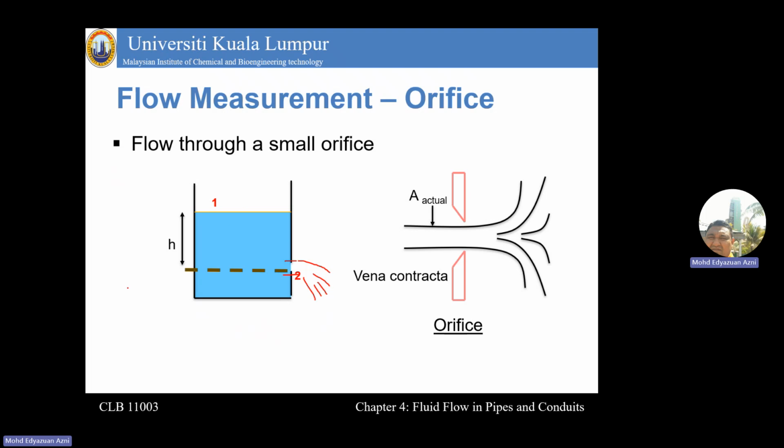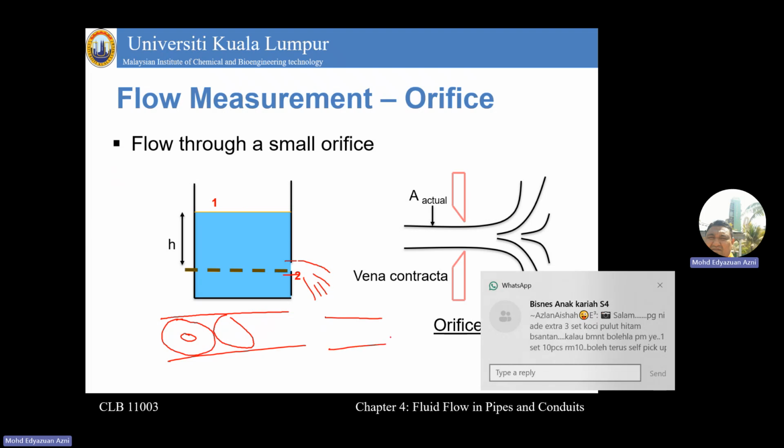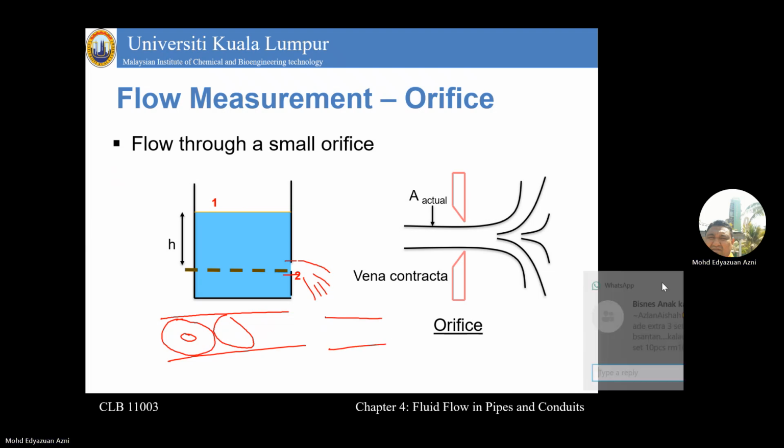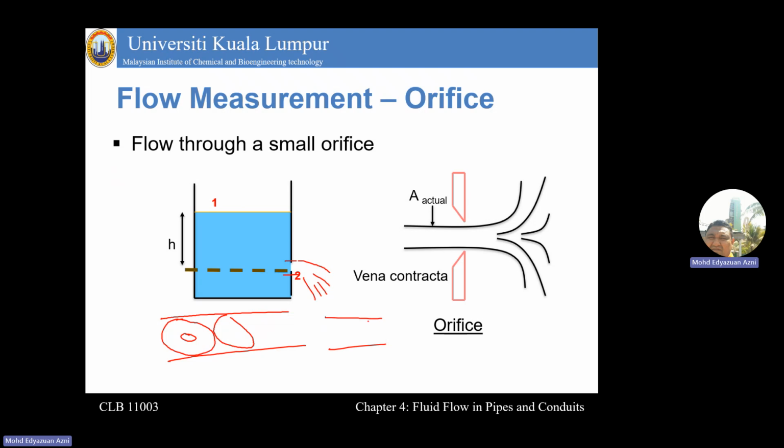The second configuration of orifice is actually something you have done in your experiment, I think experiment number 2. We have a pipeline like this, a circular pipeline, and then inside there is one like this. Do you understand? From the side, it will be like this.